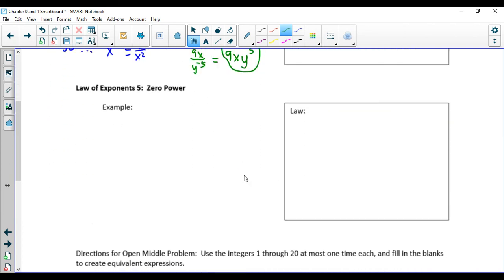And then our final law of exponent is the 0 power. And to note this, what we're going to do is if I do, say, x to the fifth divided by x to the fifth, using law of exponent number 2, I subtract. 5 minus 5 is 0, so that will give me x to the 0.